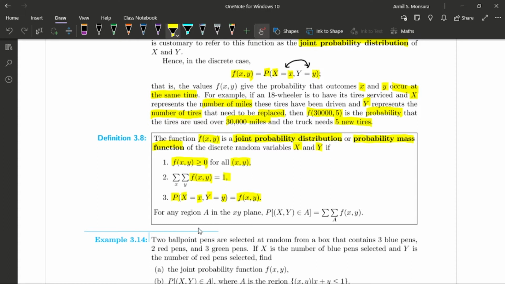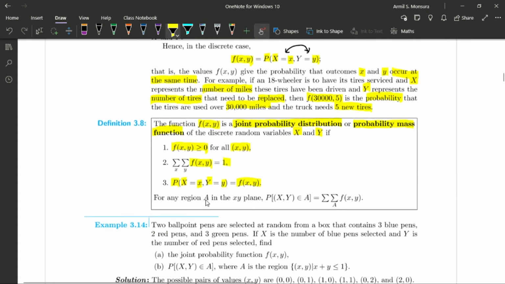Now, for any region A in the xy plane, the probability that your random variables belong to the region A is equal to the sum of the distribution inside the region A. So the implication nito is that the probabilities would actually equal a certain area in a certain region. More on that later on.